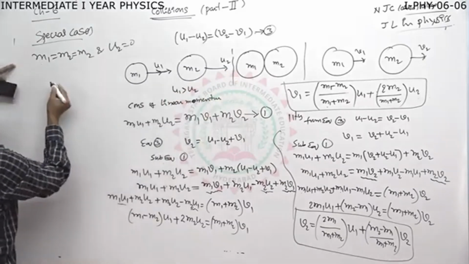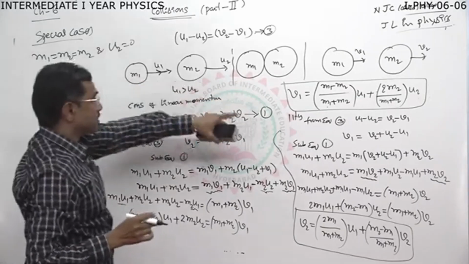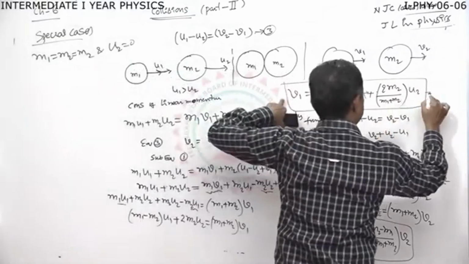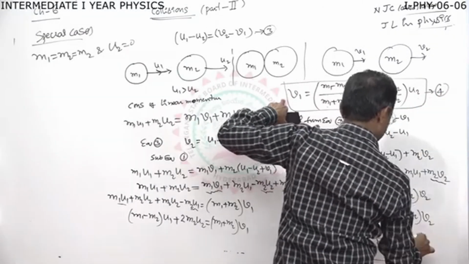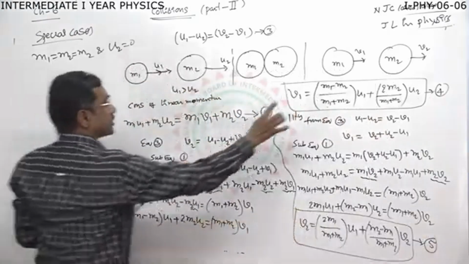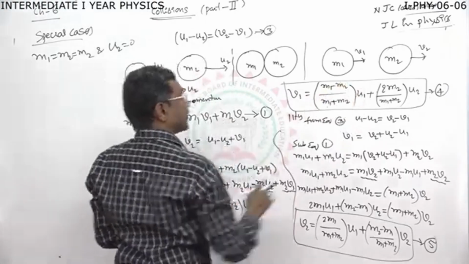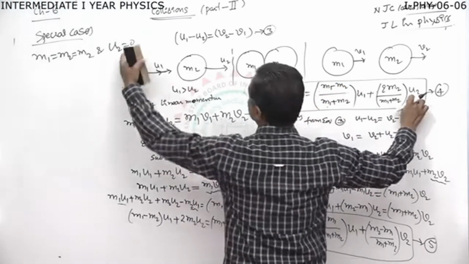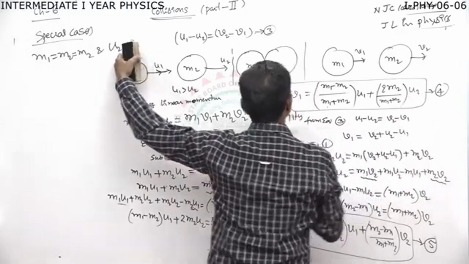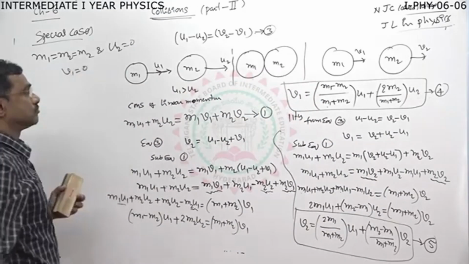What I mean to say, here both are equal and U2 is at rest. So go back to these two expressions. I'll give some numbers, 4 and then 5. Substitute the data here. M1 is equal to M2 means this term gets cancelled, right? And then U2 being 0, the second ball is at rest, so this also is 0. So V1 will be equal to 0, right?